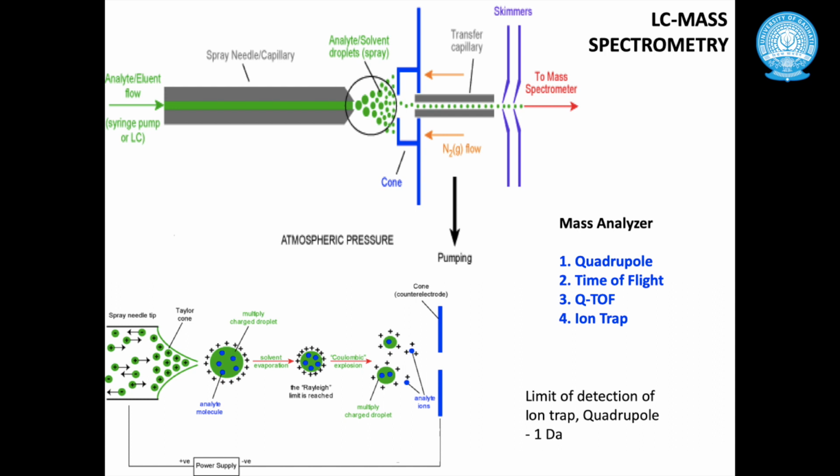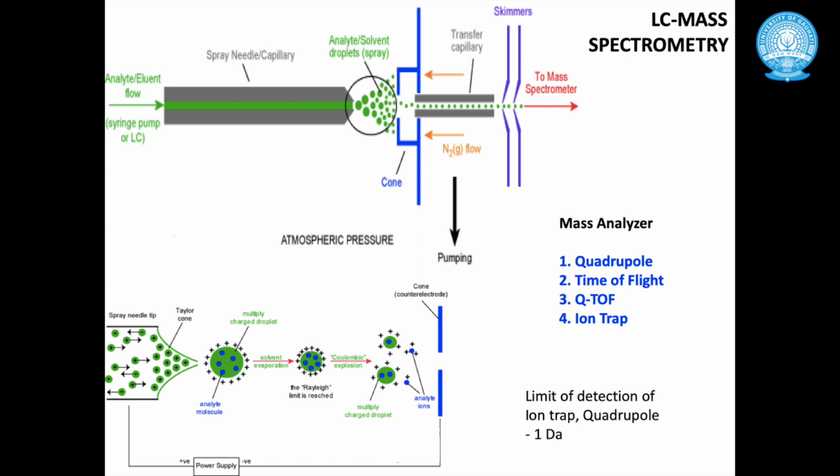A mass spectrometry coupled with HPLC is slightly different in principle and in the method of ionization and detection from that coupled with a gas chromatography instrument. So let us see how the mass spectrometry coupled with LC or HPLC works to give us authentic information about the mass of the compound at hand.